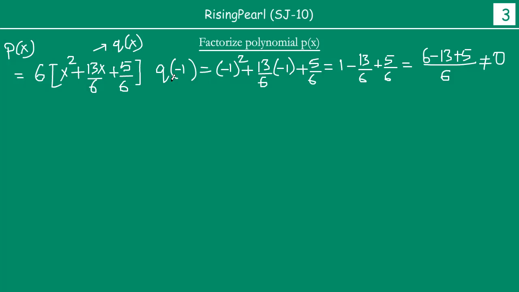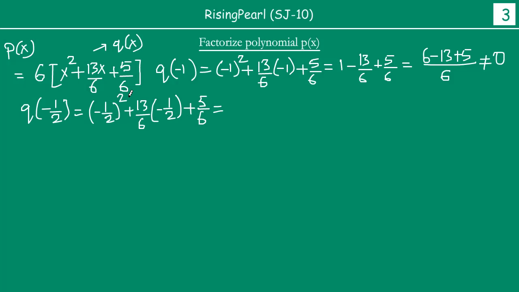Now we have to take the next value, right? So abhi what we will do is we will try q at -1 by 2. So now it will be -1 by 2 square plus 13 by 6 times -1 by 2 plus 5 by 6.